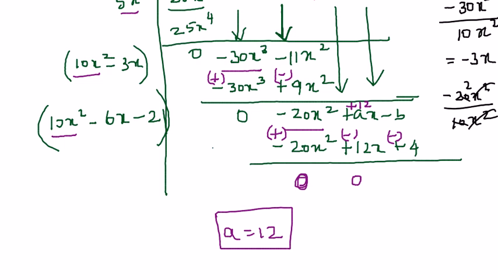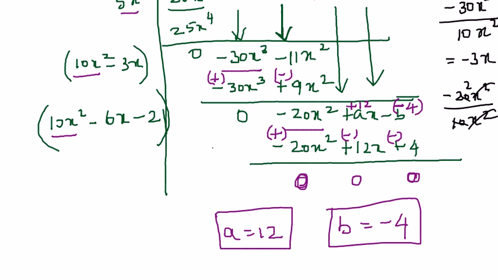But if I need to get a 0, I need to have a plus 4 over here, right? Only then plus 4 minus 4 gives me 0. But I have a minus b, so I should say b will be minus 4, so that this minus into minus gives me a plus 4. Only then plus 4 minus 4 will give me a 0. Understood? So b is equal to minus 4.